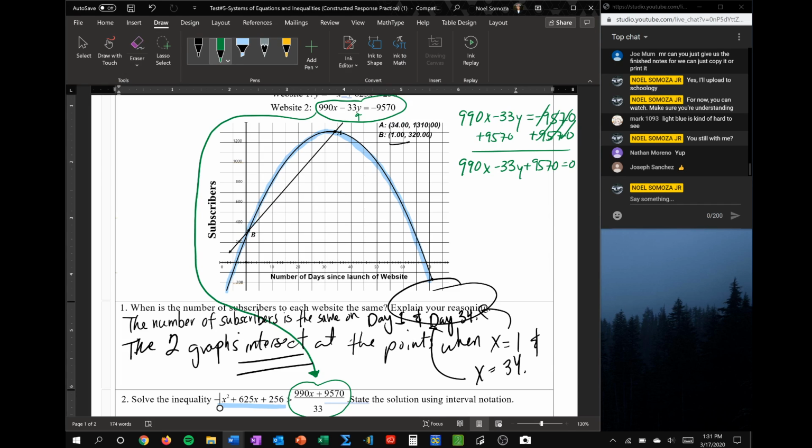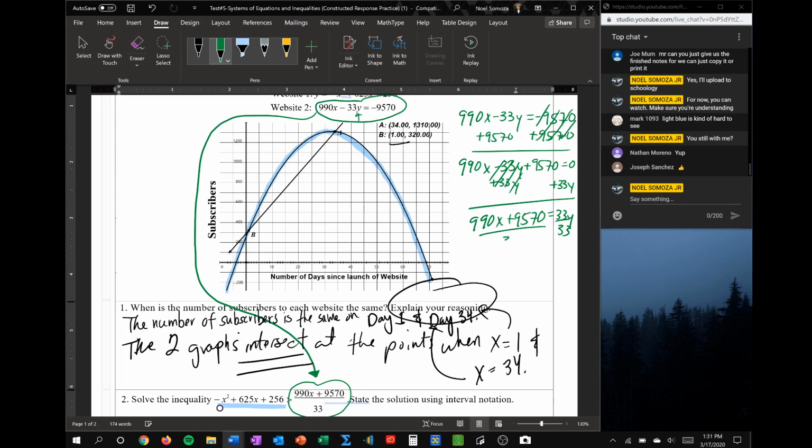You're trying to solve for y. So you add 33y to both sides. Now you have 990x plus 9570 equal to 33y. We're close. All I need to do now is divide by 33.